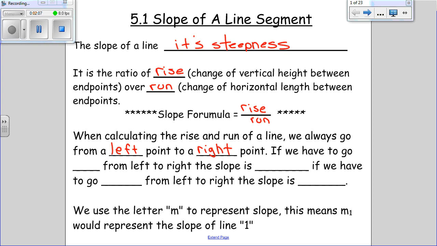So if we have to go up from left to right, so to get from the left point to the right point, if we go upwards, we say that the slope is positive. If we have to go down from left to right, we say that the slope is negative.